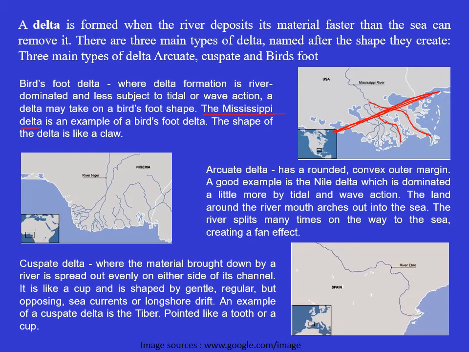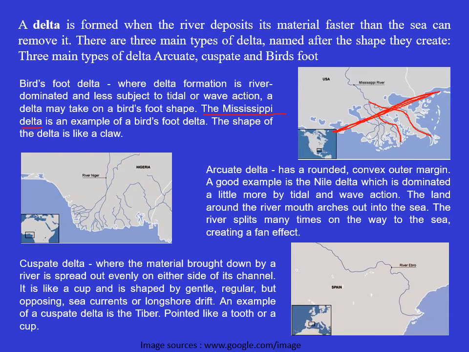The second type of delta is known as arcuate delta. In this type, the river water density and the density of the seawater is almost the same. So the river water along with its sediments spreads out like a fan.